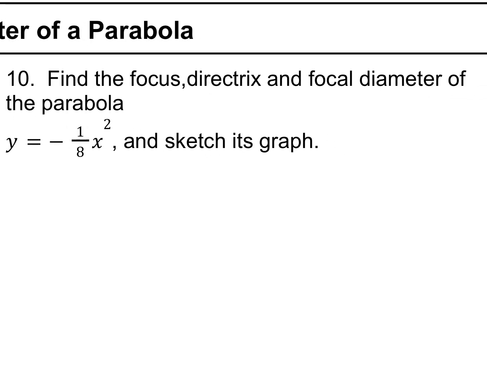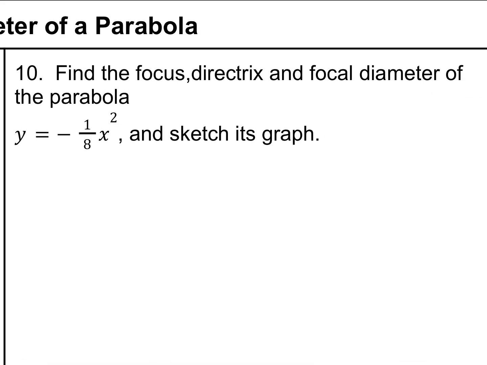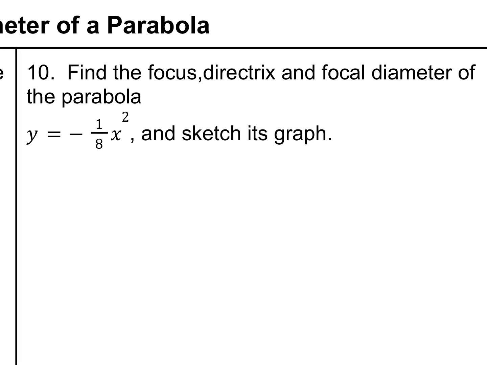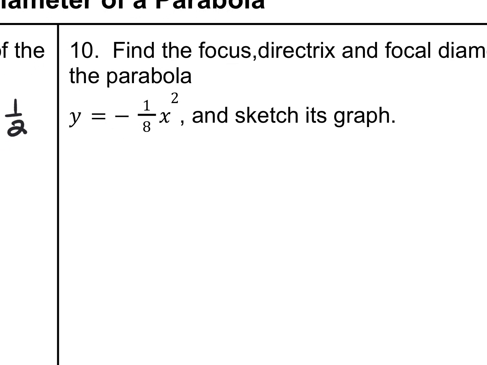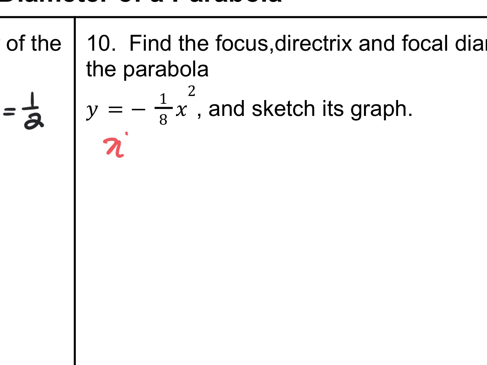Number 10. Find the focus, directrix, and the focal diameter of the parabola y is equal to -1/8 x squared, and sketch its graph. So first thing to do is to convert this into the form x squared is equal to 4py.